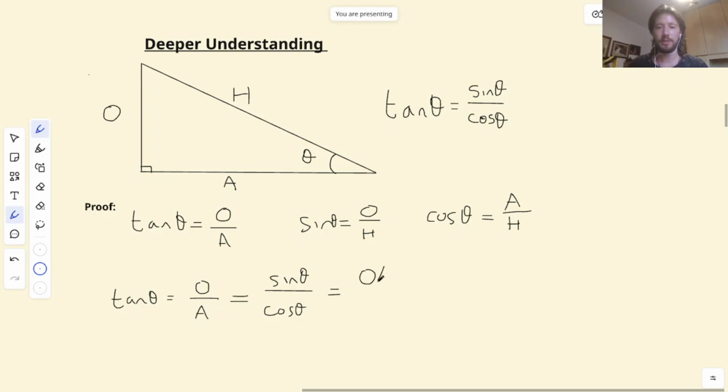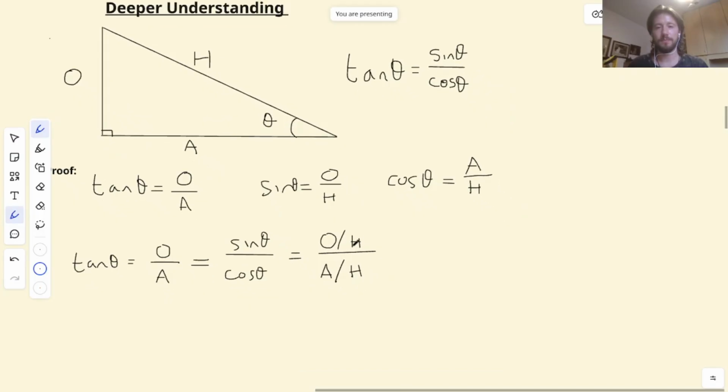That would be opposite over hypotenuse divided by adjacent over hypotenuse. Well, the hypotenuses cancel if we know our rules of fractions. So we can just cancel this one and that one out. And look at that, we end up with indeed opposite over adjacent as what tan theta is defined as.